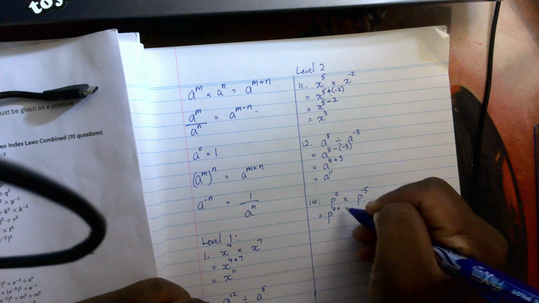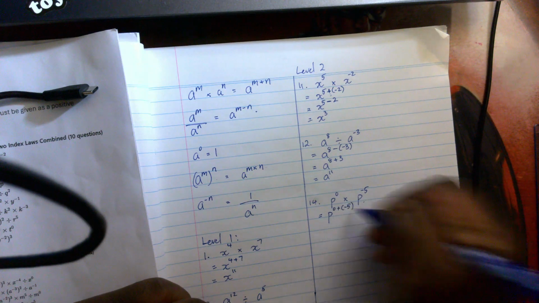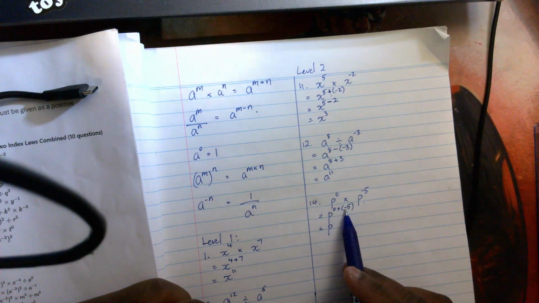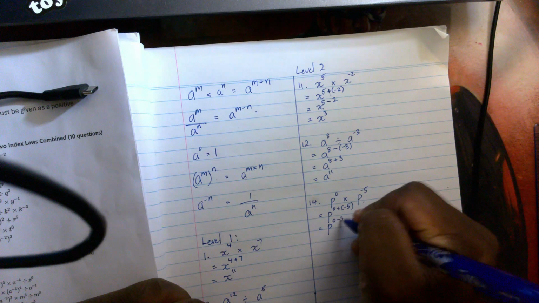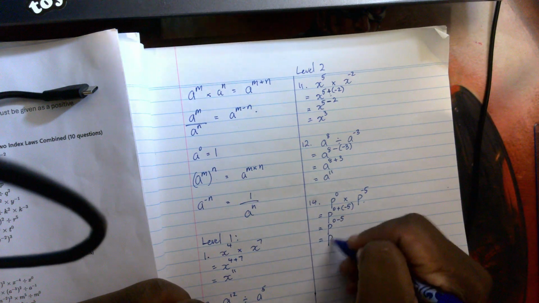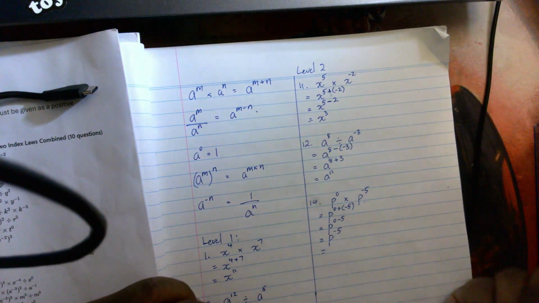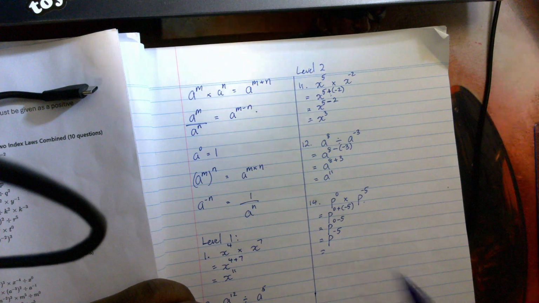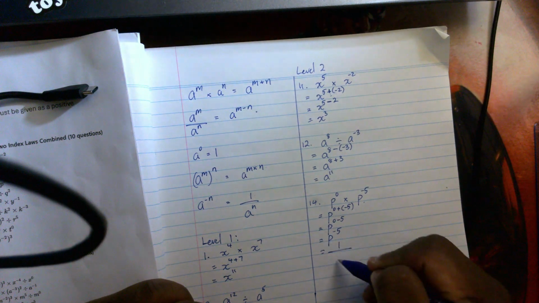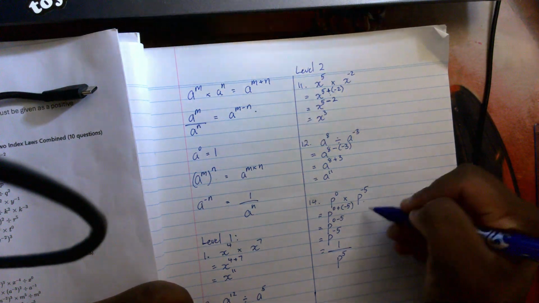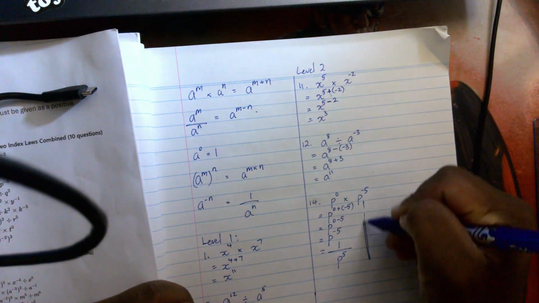So that's going to be 0 plus negative 5, which gives us p. A positive and a negative makes a negative, so 0 take 5, which is p to the negative 5. A negative index we like to represent as a positive index, so that's 1 over p with a positive power of 5. That's one way we can do it.